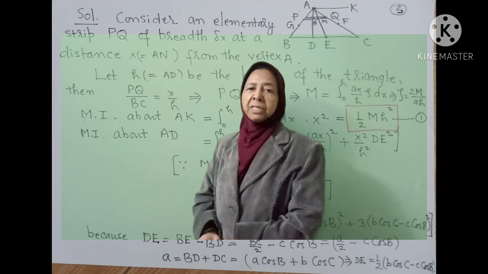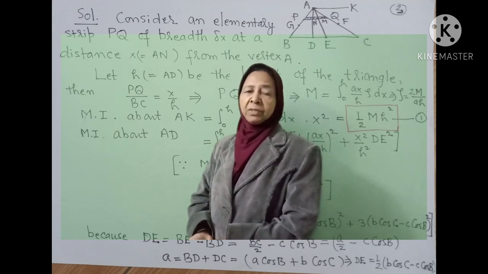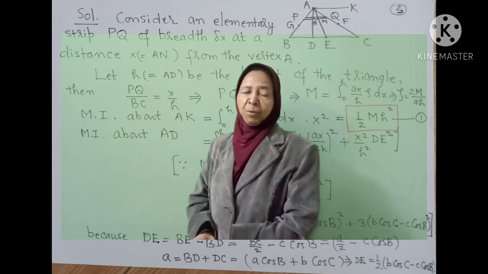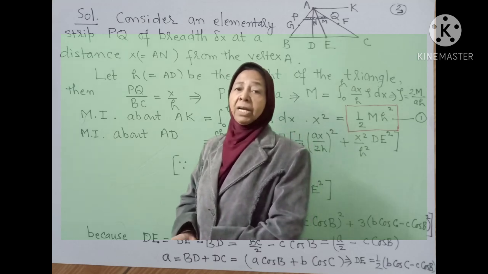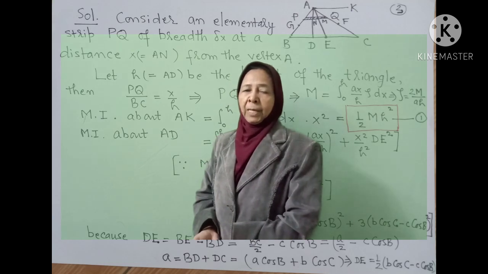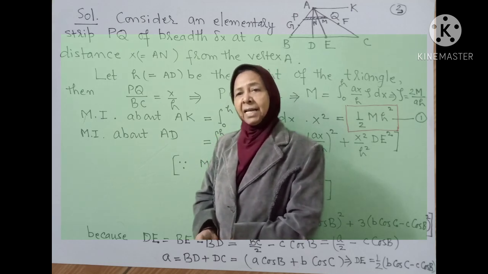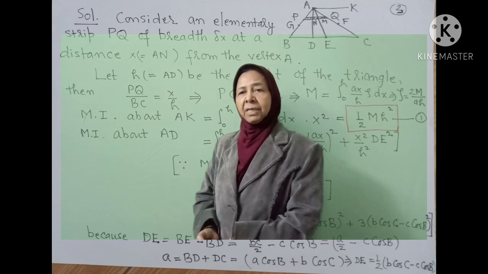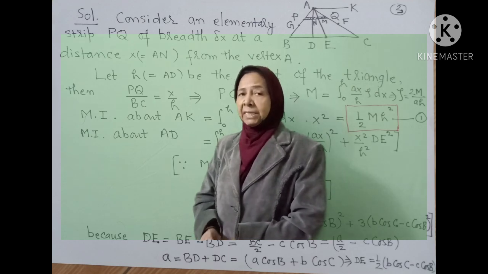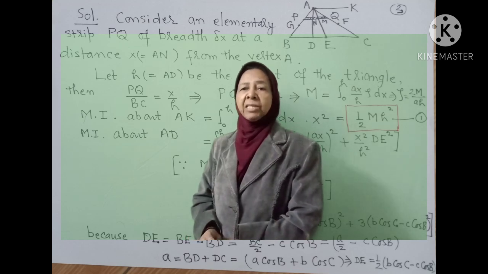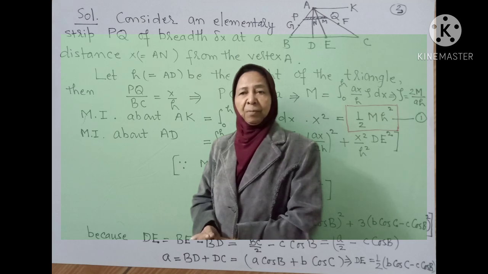So the procedure is already known to you because in the previous lectures I have solved the moment of inertia of a triangular lamina. So first of all, divide the lamina into strips. Consider one such strip PQ, which is at a distance x from the vertex A.